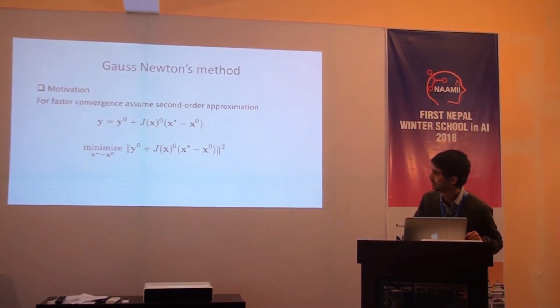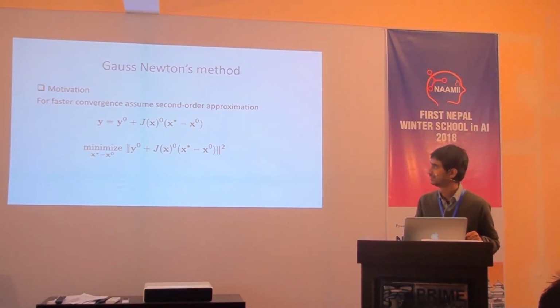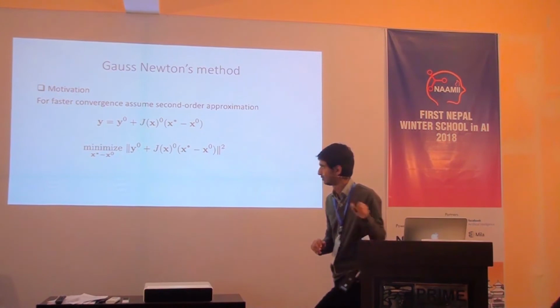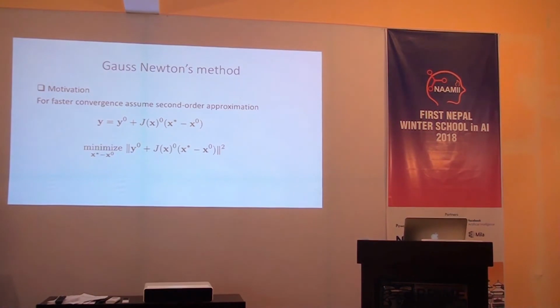So this is a linear problem, right? You're optimizing for y plus J times x, minimizing for x.